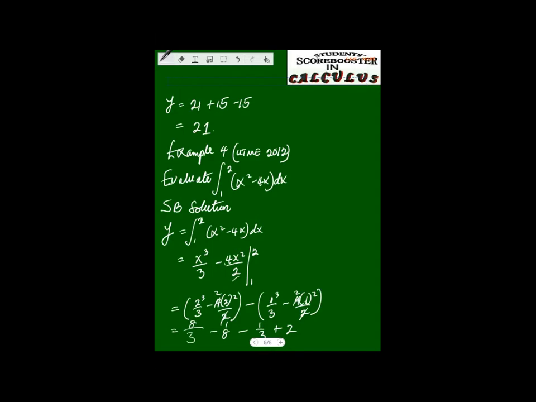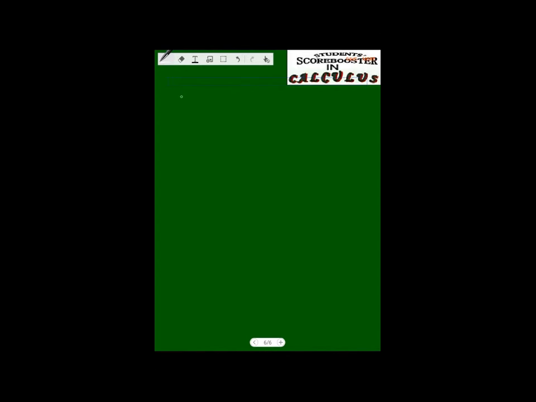Now what I will advise here is it will be easier for you to handle this part by considering the fractions and the whole numbers separately. So what we're going to do here is bring the fractions together. I'm going to have 8 over 3 minus 1 over 3, minus 8, then plus 2.